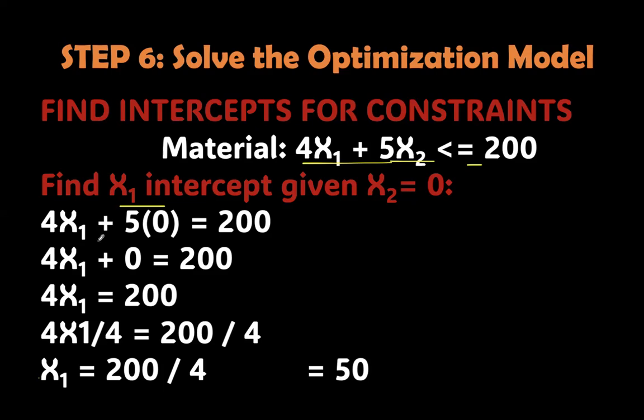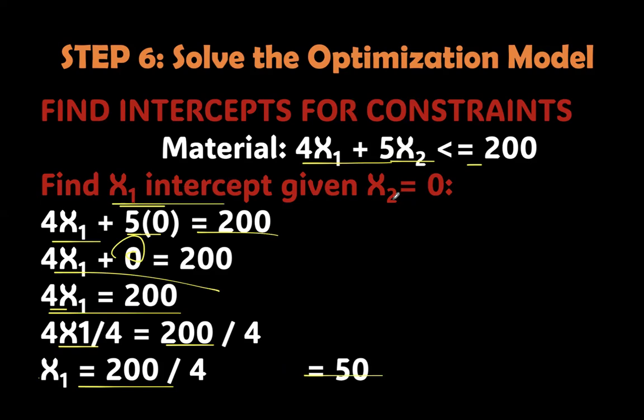So 4x sub 1 plus 5 times 0 equals 200. Since the 0 term is added, it will become 4x sub 1 still. 4x sub 1 divided by 4, and 200 divided by 4 as well. So x sub 1 will become 50. So your x sub 1 intercept, given that your x sub 2 is 0, will become 50.